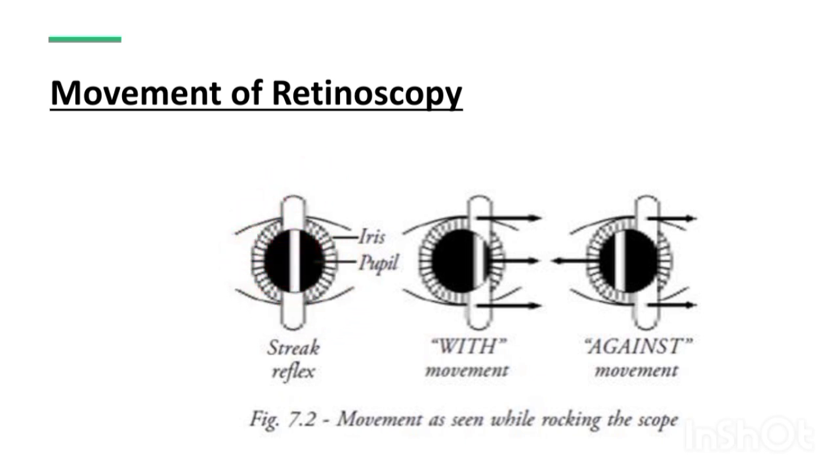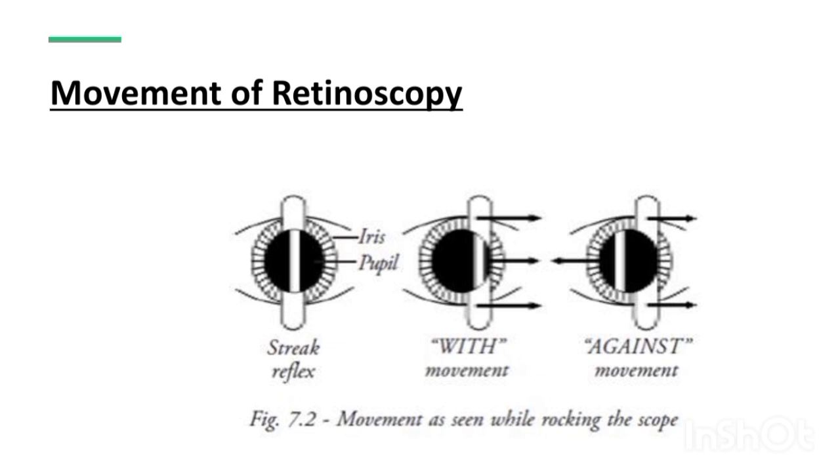The retinoscope light which falls on the iris, in this picture the wide light, up and down, this portion of the light which falls on the iris of the patient is called the intercept. And that portion of the retinoscope light which is inside the pupil is called the reflex of retinoscopy.